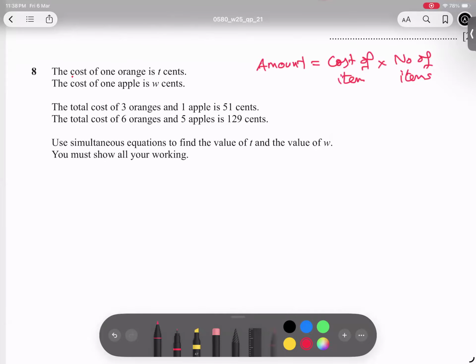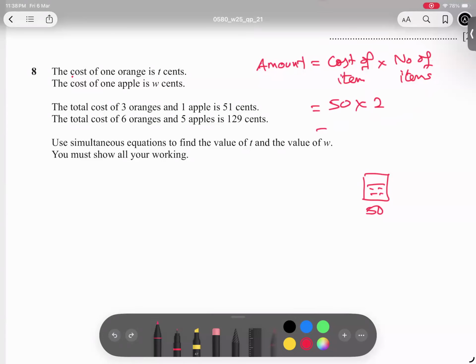For example, one calculator you want to buy is 50 Saudi riyal, and you want to buy two items. So into two comes for number of items. It means you need 100 riyal to buy it.